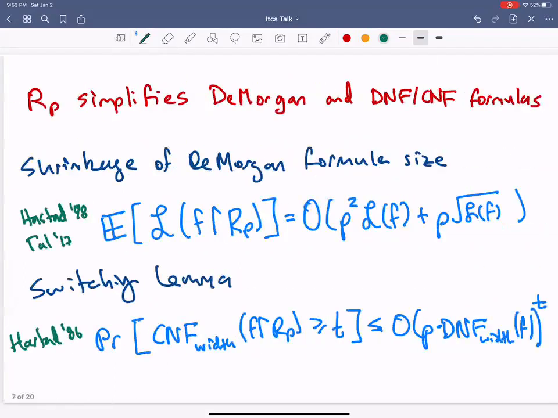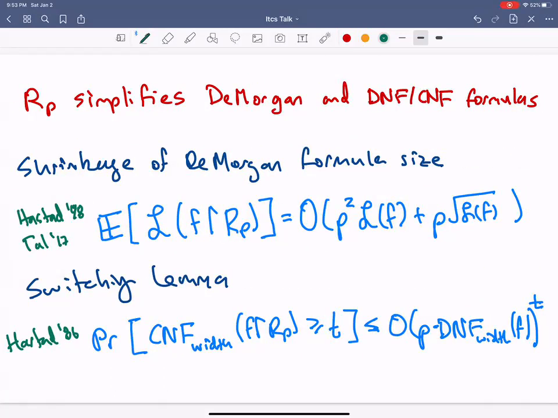It is very well established that the p-random restriction simplifies these low complexity measures like De Morgan formula size and DNF, CNF formula size. In the case of De Morgan formulas, over a long line of work, we now know tight bounds on the so-called shrinkage of De Morgan formulas.